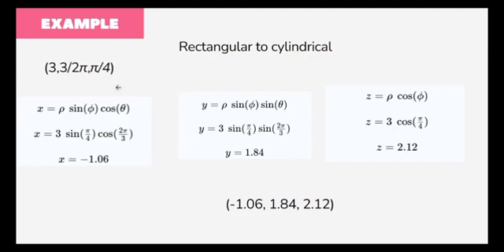Next, z is equal to 3 cosine of pi divided by 4. We are going to put this in the calculator, and the result is z is equal to 2.12.